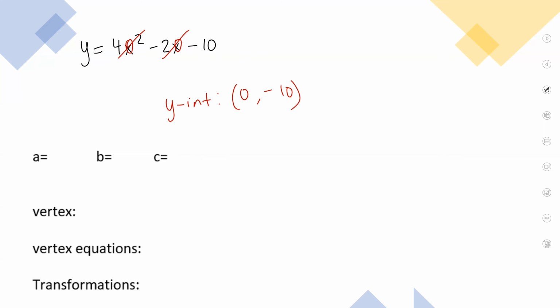Let's say that this was y equals 4x squared minus 2x minus 10. I plug in zeros, correct? So what would be my y-intercept? -10. So the y-intercept is just your c value. So it would be 0, -10 would be your y-intercept. Make sense? All right. I'm going to have you guys practice for a little bit, and then we're going to come back as a group on the ones that y'all get stuck on, and we'll do it as a class. All right?